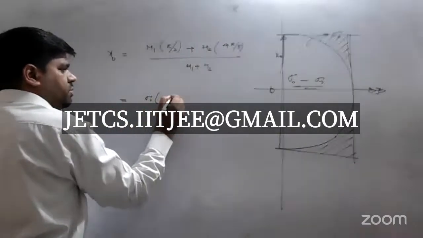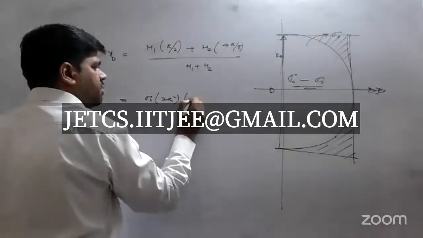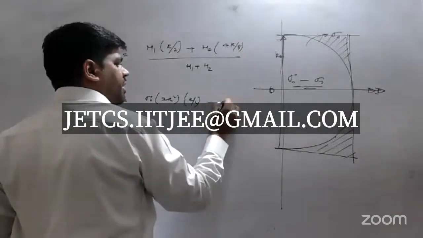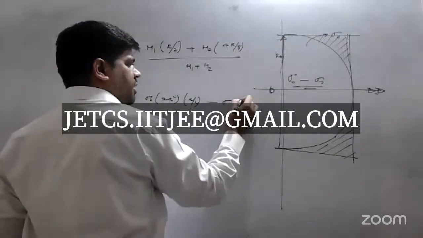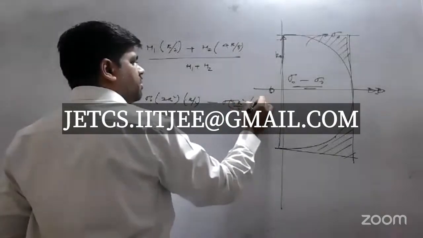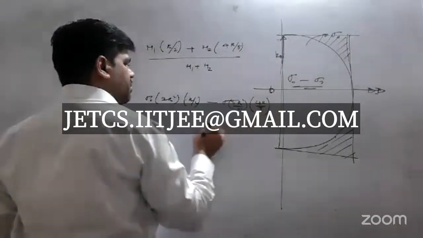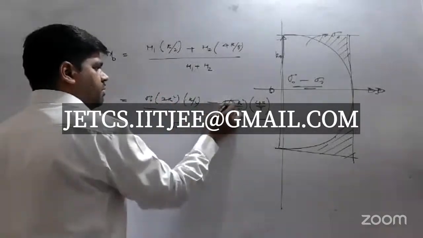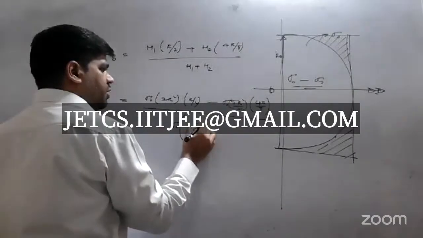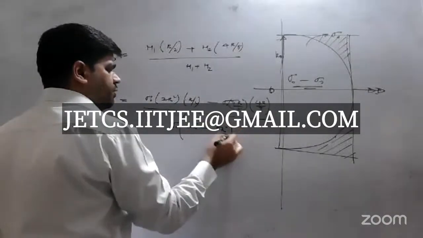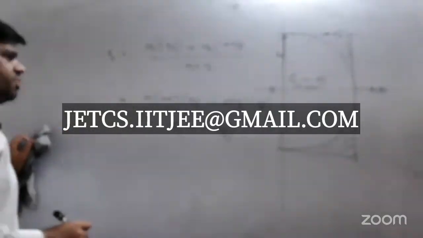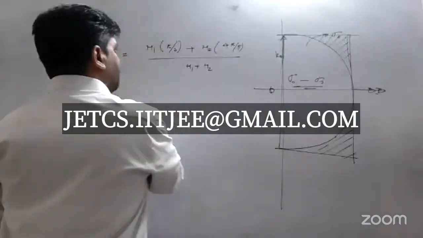Sigma into 2r square into r by 2 plus, no, negative sigma, minus sigma pi r square by 2 into 4r by pi, by total mass, sigma naught into 2r square minus pi r square by 2. Sorry, I'll write it properly.